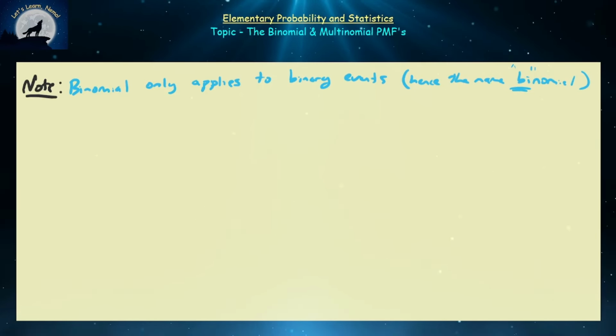So let's suppose that omega is partitioned into more than two events. If omega is partitioned into more than 2 events, then we're going to be using what is called the multinomial PMF.